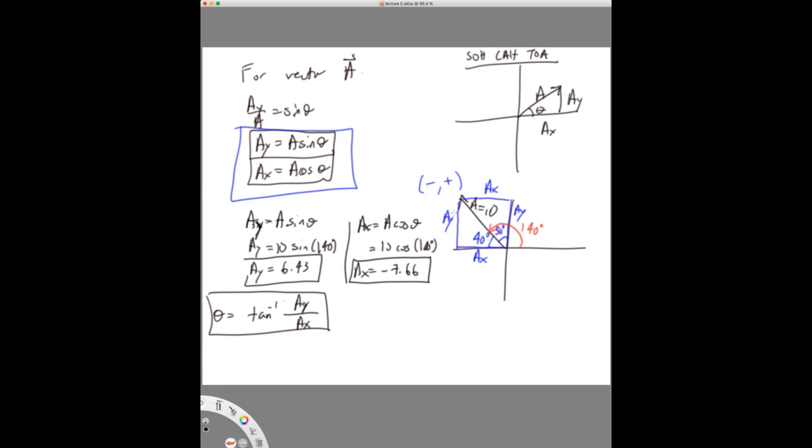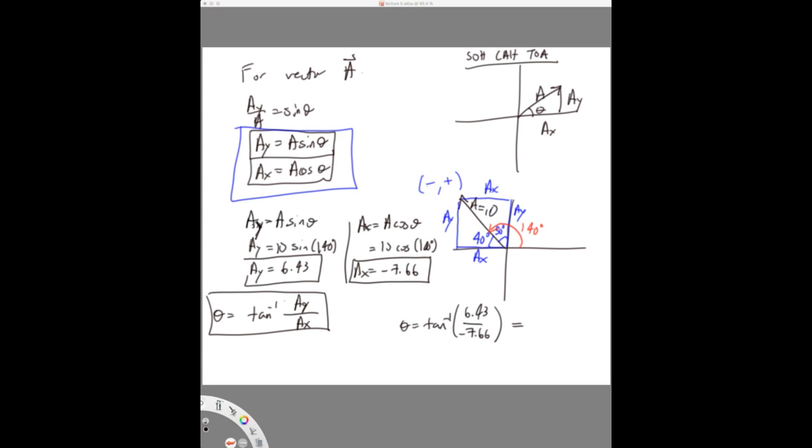So for example, if I use my calculator and I say theta equals the inverse tangent of 6.43 over minus 7.66, the calculator knows what I mean by that, okay?